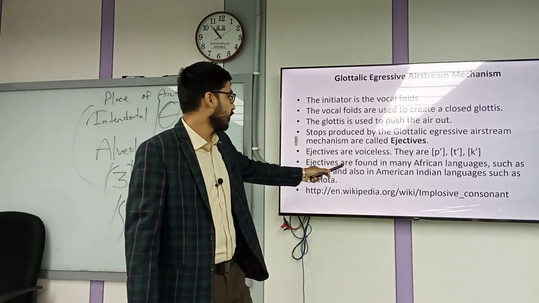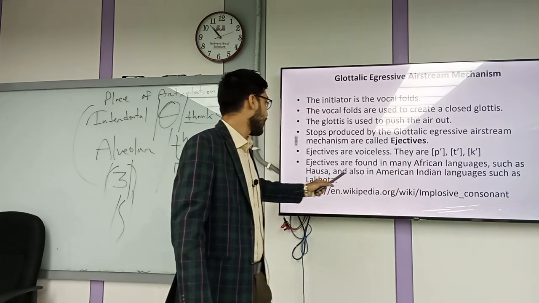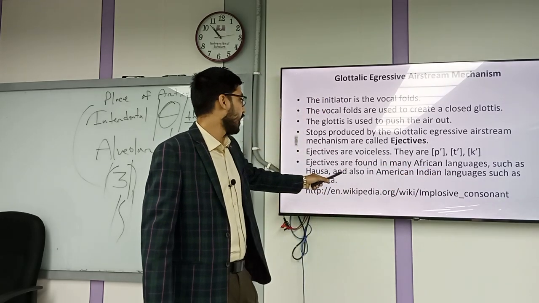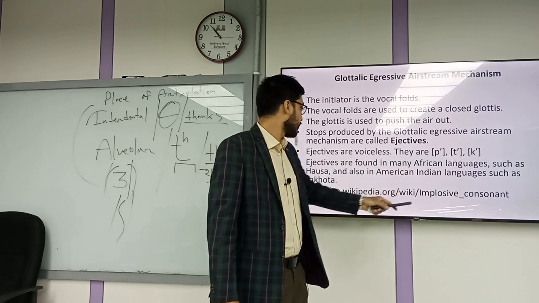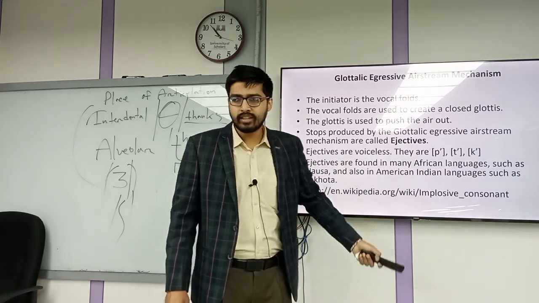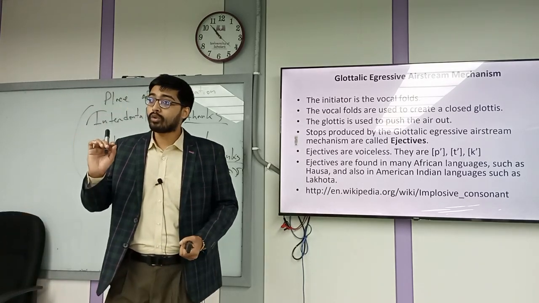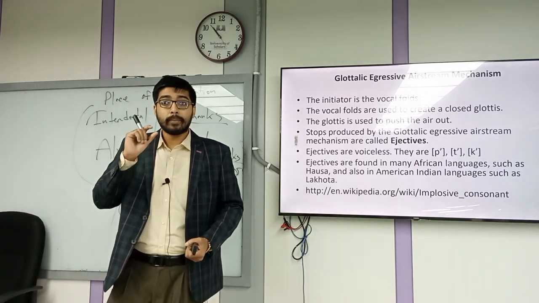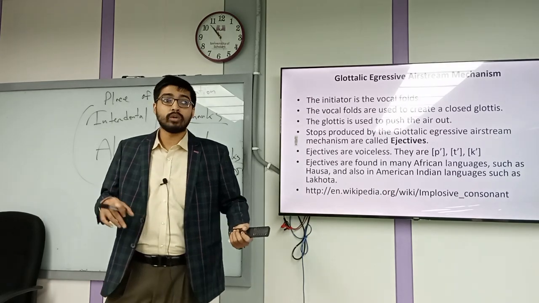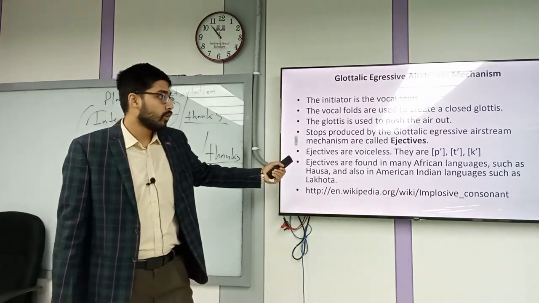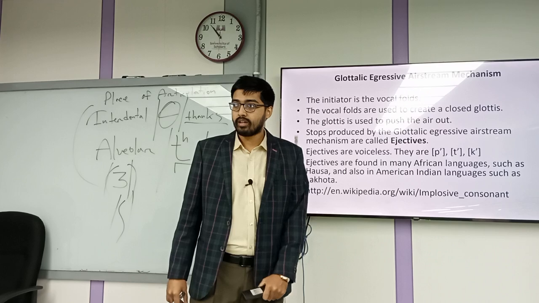Ejectives are found in African languages such as Hausa and also in American Indian languages such as Lakota. You need not learn those pronunciations. Rather, you need to learn how they work.